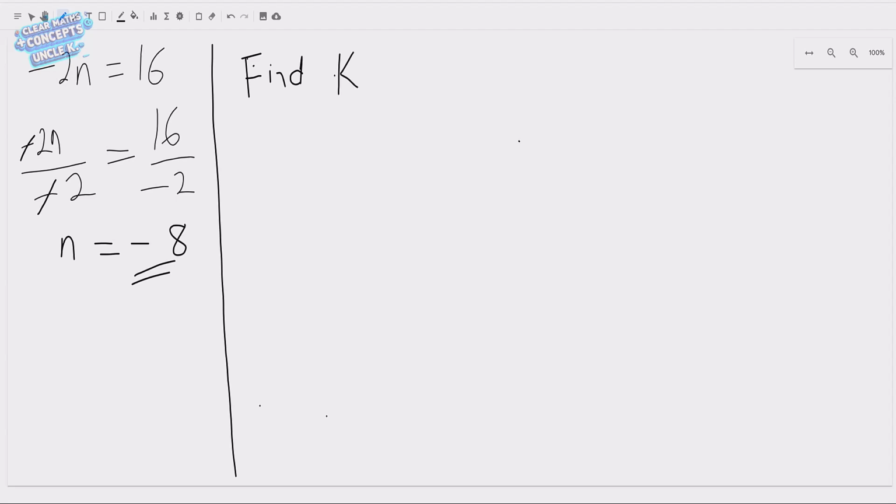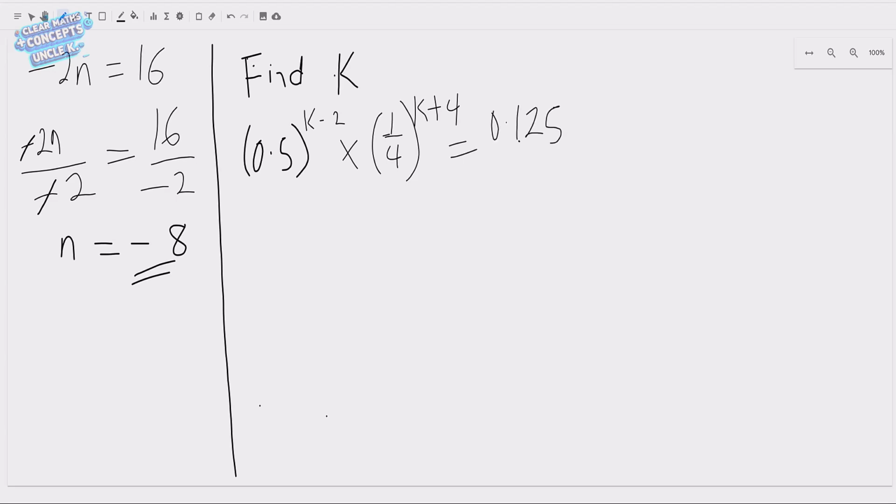So find k if given that 0.5 is power inside settings k minus 2, times 1 over 4 is power k plus 4 equals 0.125 is power 2k plus 1.